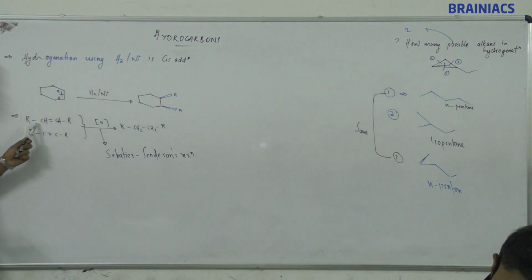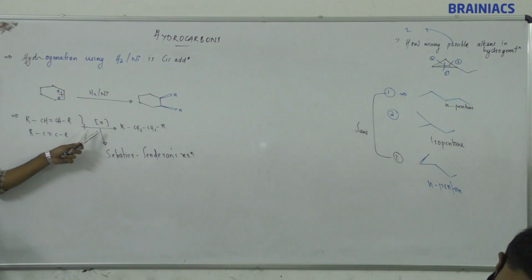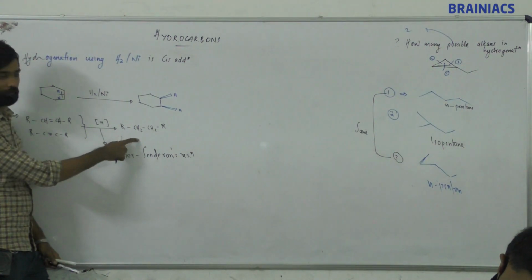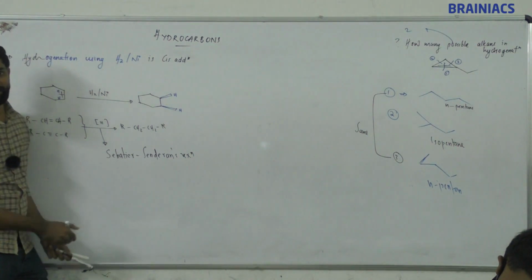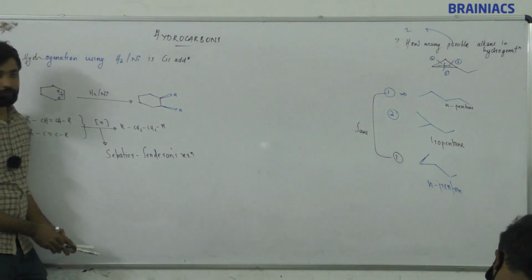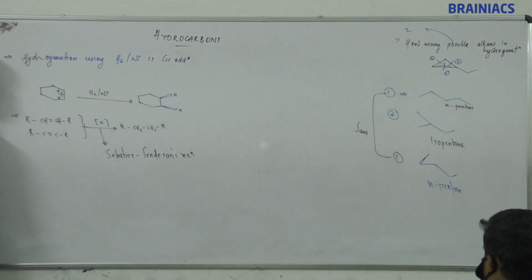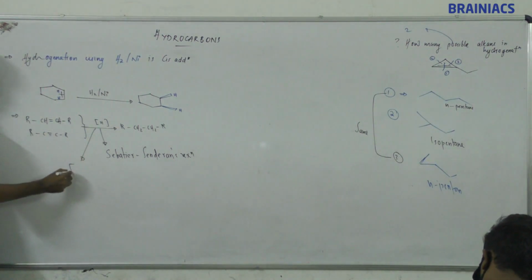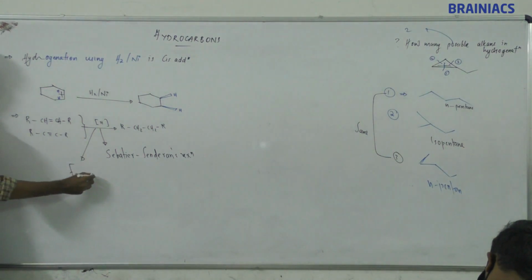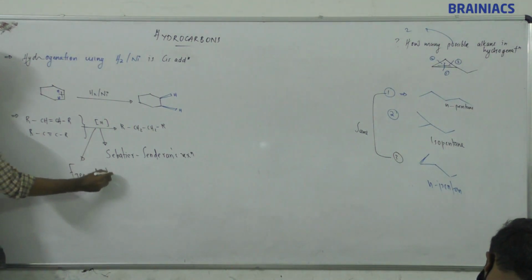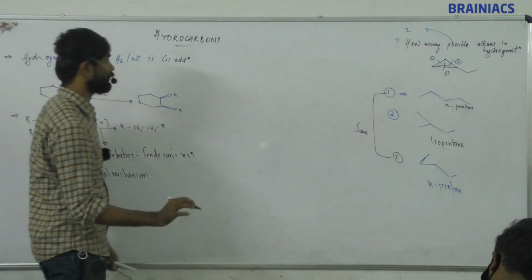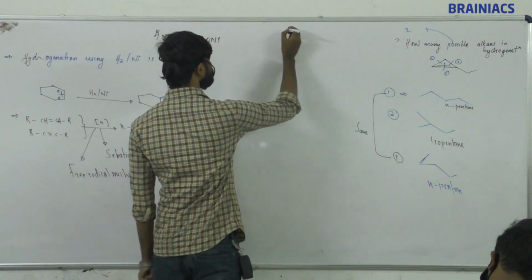Hydrogenation of alkene or alkyne using the catalyst, hydrogen with palladium, nickel, platinum, like that, to form alkane, is said to be Sabatier-Senderens reaction. Okay, and it follows free radical mechanism. Listen, radical mechanism. No need of studying the mechanism, just know the mechanism.